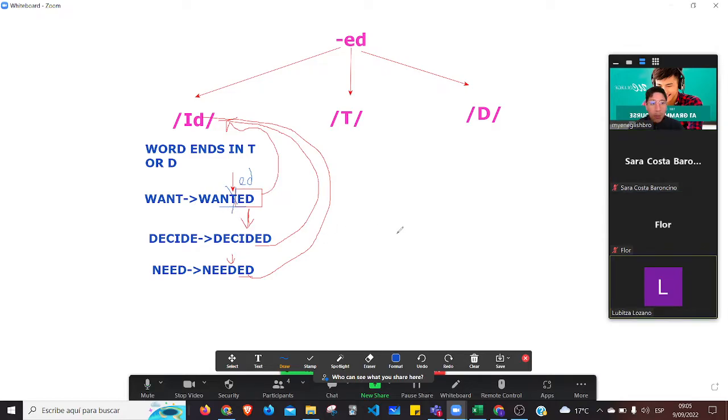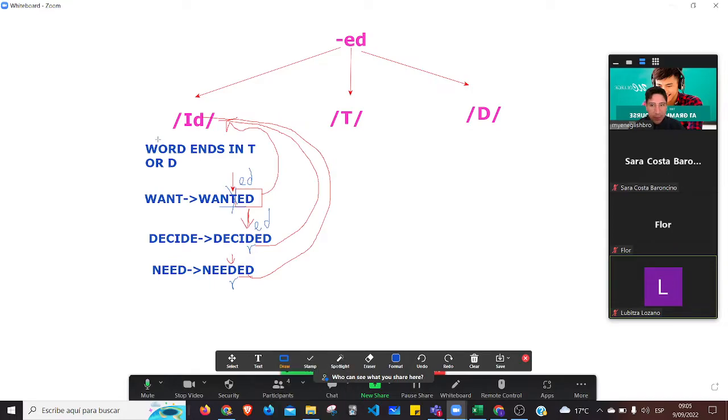Aquí, wanted. Esta D, acá tú sabes que suena como ED. D entre 2 vocales, ¿cómo sería? Decide. Decided. ¿Cómo sería con need? Needed. Okay? So, did you understand the first one?